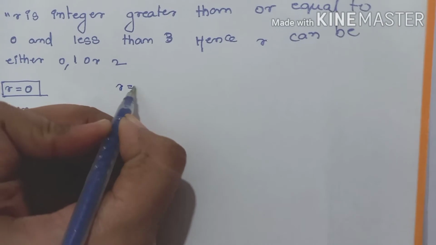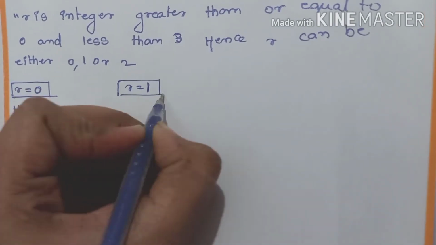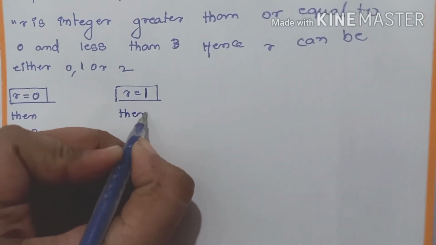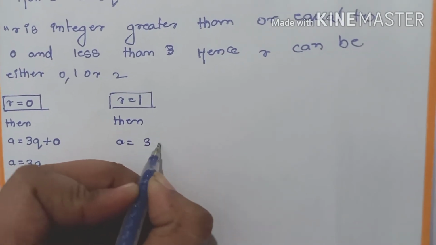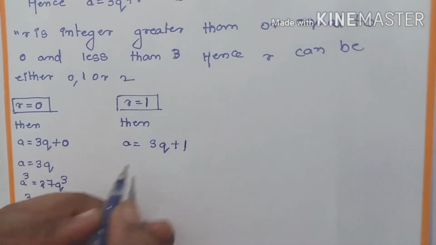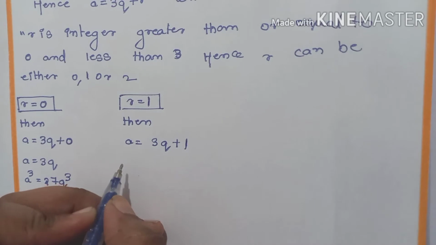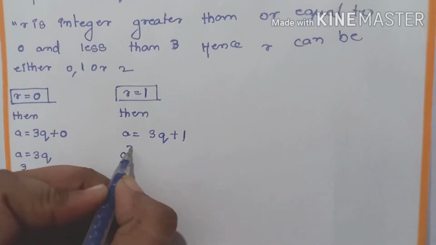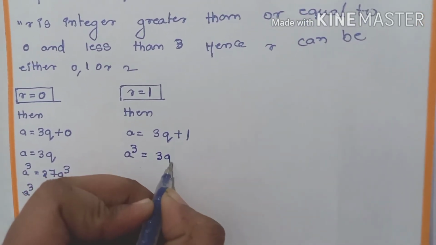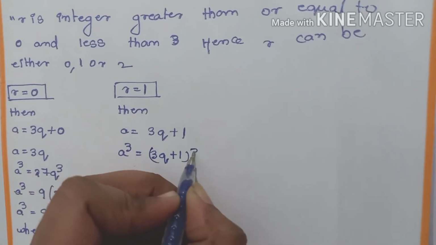Now next, checking for r equals 1. Then a equals 3q plus 1. As usual, cubing both sides, a cube equals 3q plus 1 whole cube.